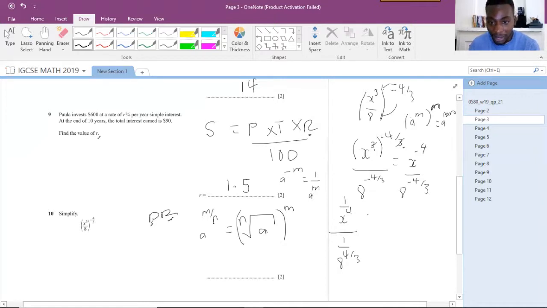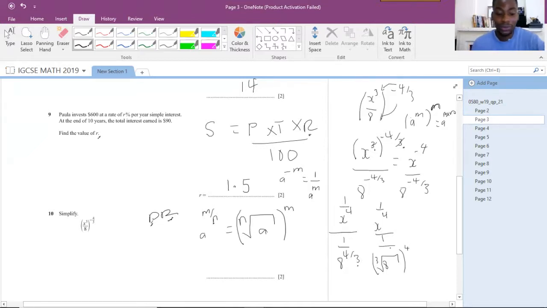So here, we have 1 over x to the power 4, over 1 over the denominator becomes the root. So I'm going to say the third root of 8, to the power 4, like so.